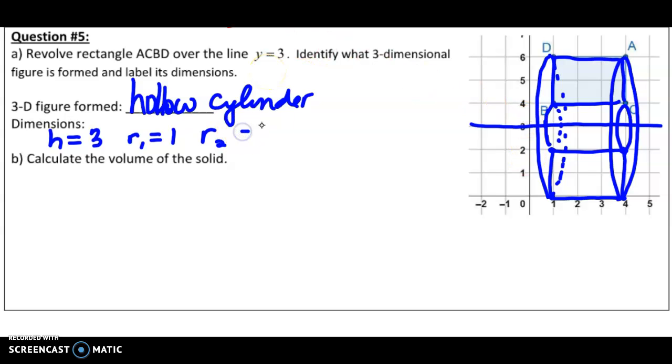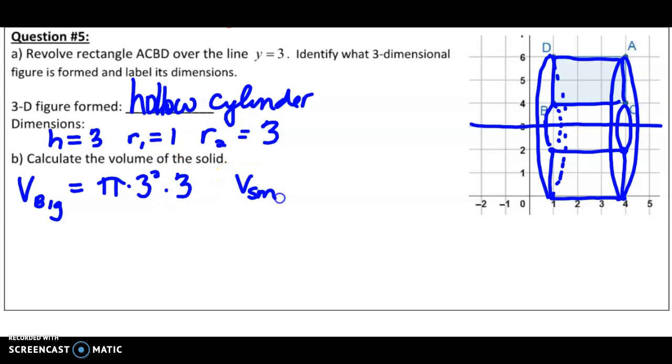Now if we are asked to find the volume of this, we would take the volume of the big one minus the volume of the small one. So to find the volume of the big one, it's going to be pi r squared times the height, and the volume of the small will be pi r squared times the height.